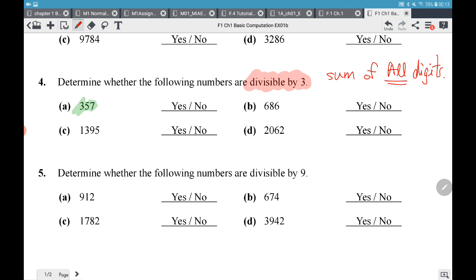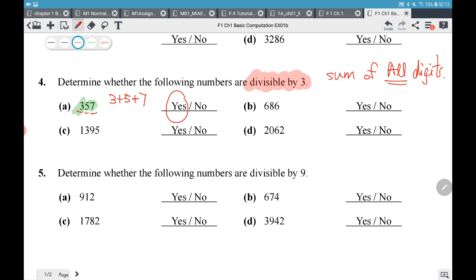In fact, we have 3 digits. Therefore, we are going to find the sum of them: 3 plus 5 plus 7. That should be 15. And 15 is divisible by 3. Therefore, this number 357 should also be divisible by 3, because the sum of all the digits is divisible by 3.